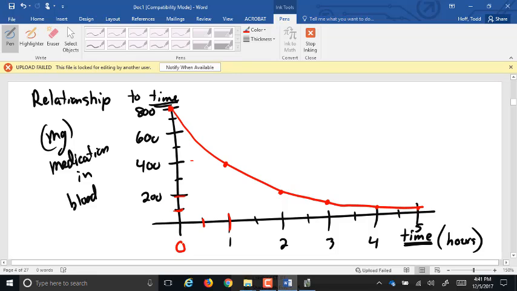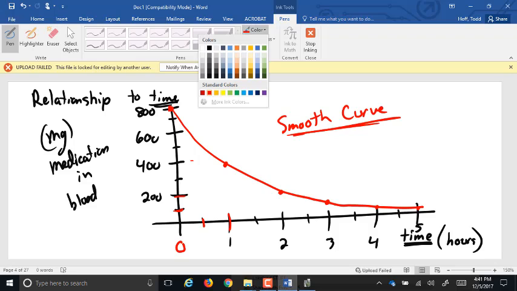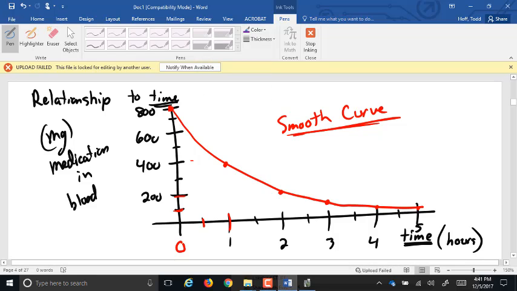In most cases, we connect those points on the graph with a smooth curve. And what that curve represents is the values at different points in this relationship. We just had the values at 1 hour, 2 hour, 3 hour, 4 hour, and 5 hours.